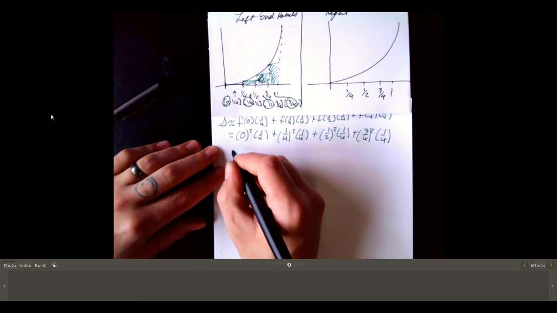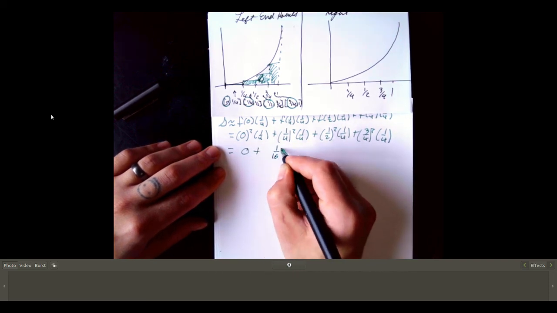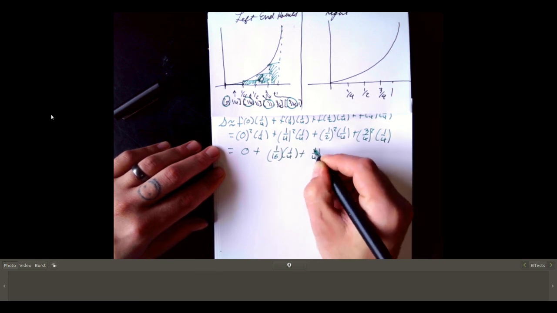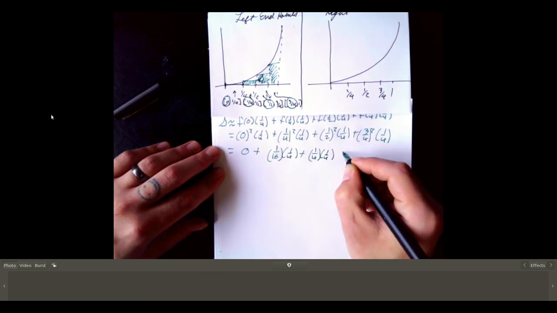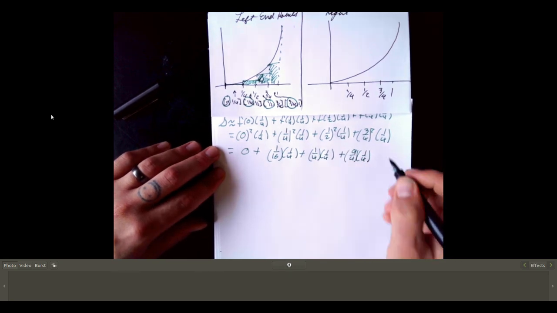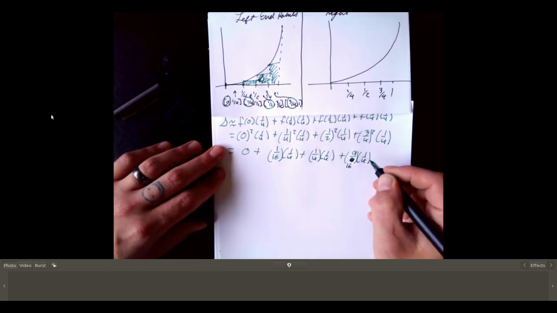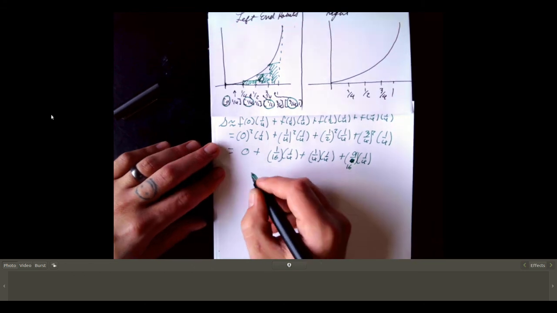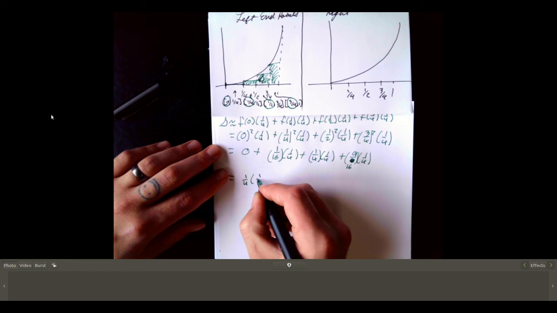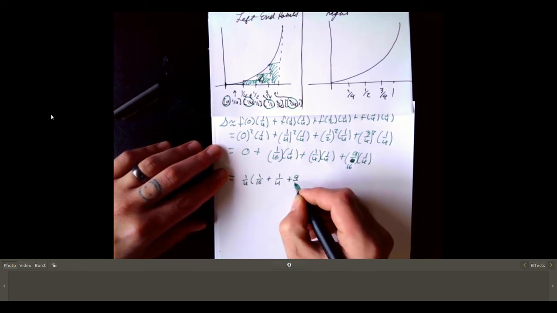So that would be equal to 0 plus 1/16 times 1/4 plus 1/4 times 1/4 plus 9/16 times 1/4. Well, if I factor out a 1/4, this is equal to 1/4 of, we would get 1/16 plus 1/4 plus 9/16.